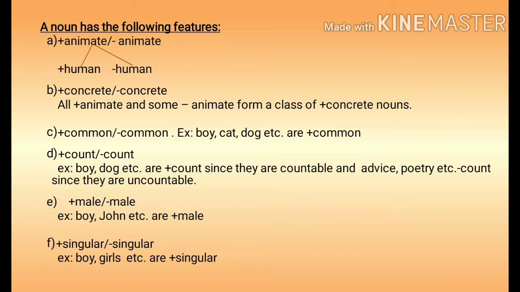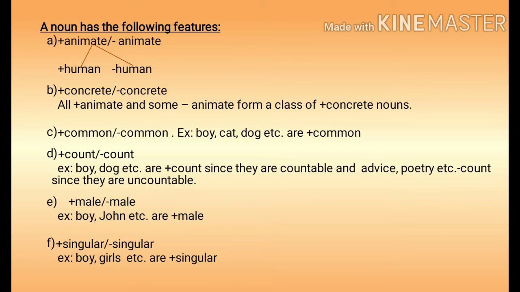That is, presence of animate indicates both presence of human and animal. So presence of human means plus human. Absence of human, that is not human, means presence of animal.